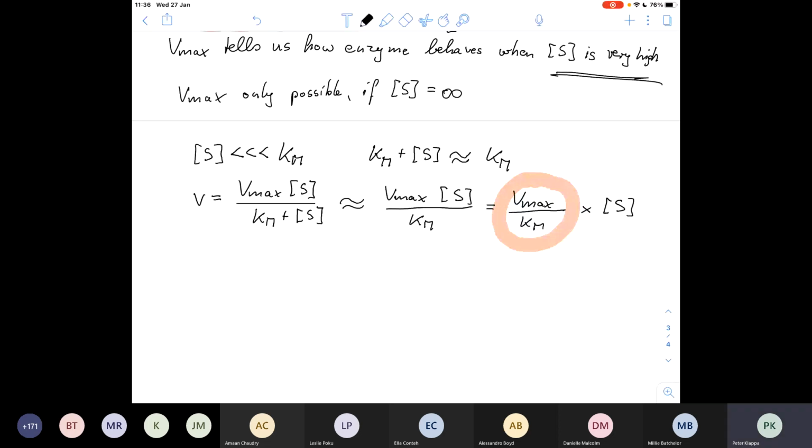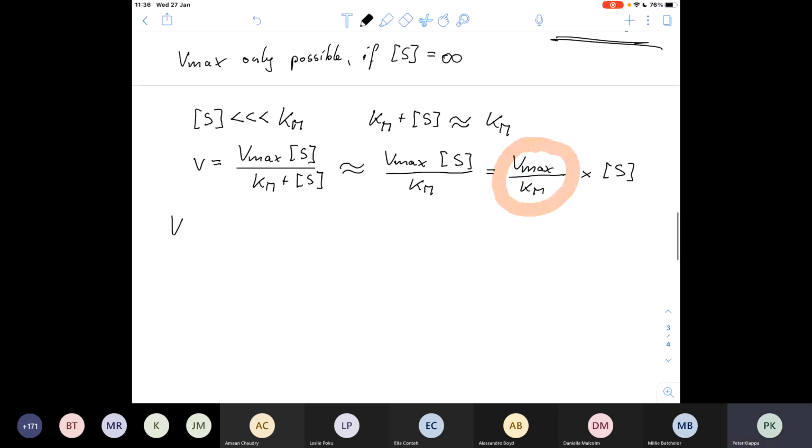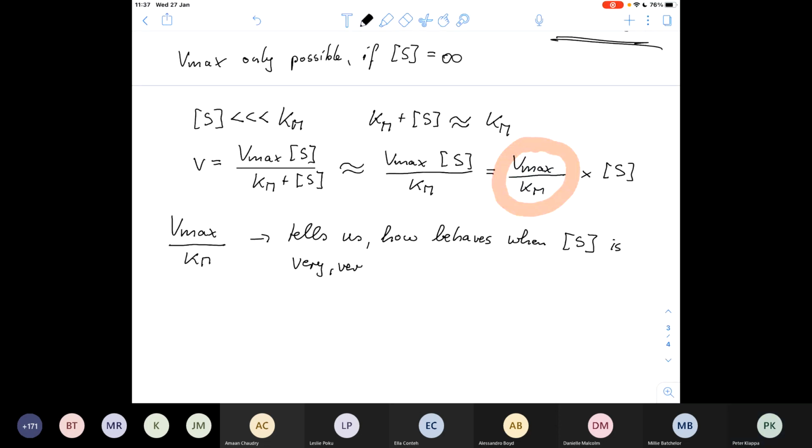So this Vmax over Km, the value for Vmax over Km, it tells us how the enzyme behaves when the substrate concentration is very, very low.